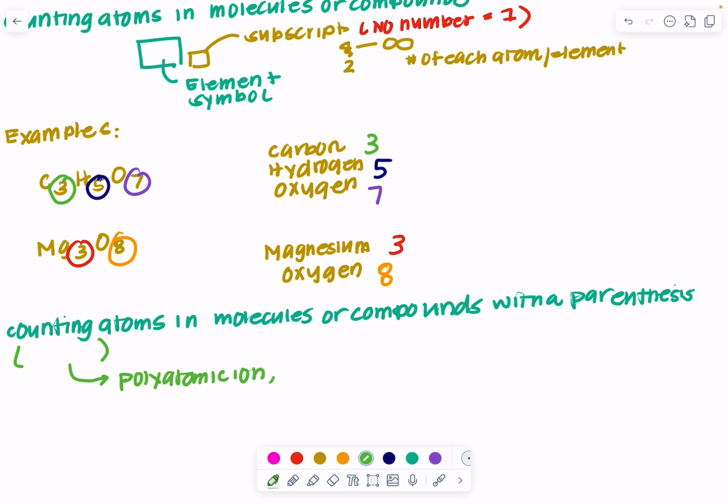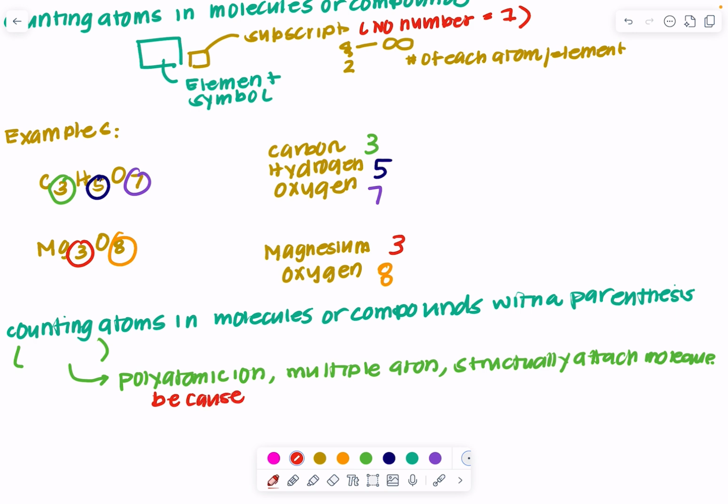It is a multiple atom, or a structurally attached molecule, which basically means that it is in the parentheses because it cannot be separated.